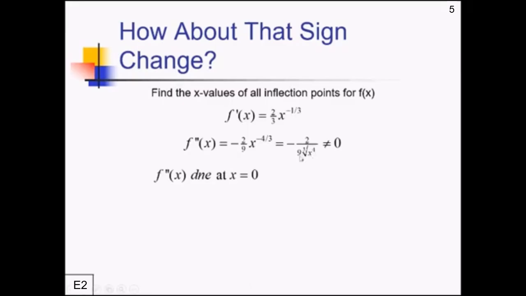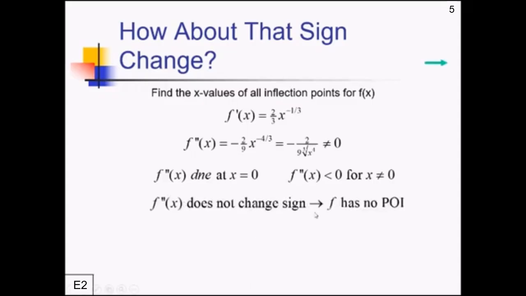Everything else in the denominator is keeping it positive. In the numerator, you've got a negative. The whole fraction is negative. This is always going to be negative as long as x does not equal exactly 0. Well, if it's always negative, there's no sign change. Since f double prime does not change signs, we can conclude there are no points of inflection for this graph.